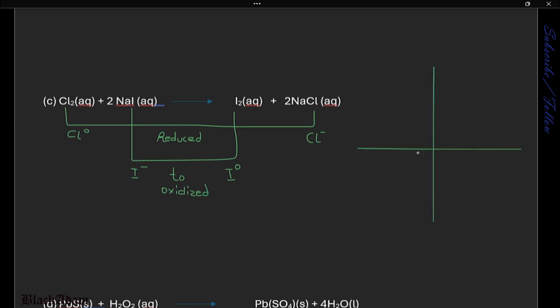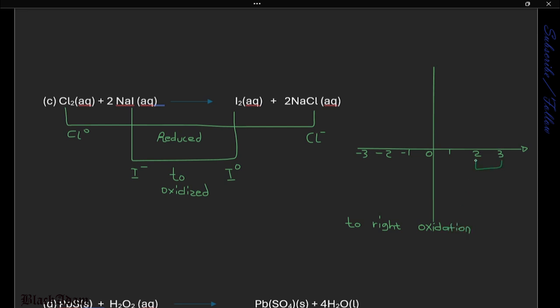So we have the x-axis from 0 there, we have negative 1, negative 2, negative 3, and we have 1, 2 and 3. So if it moves to the right, let's say negative 3 to negative 2, negative 1 to 0, or 1 to 2, and so forth, that is oxidation.